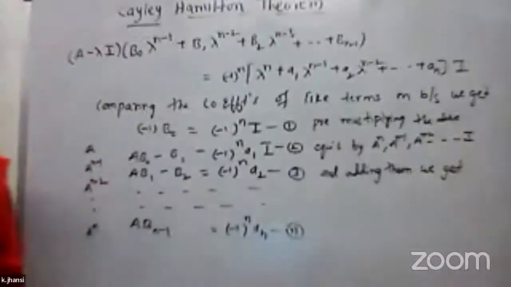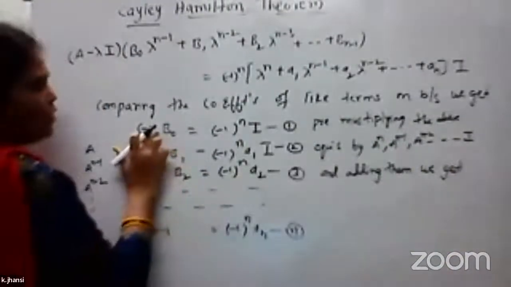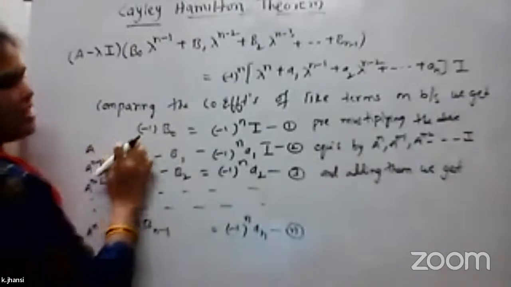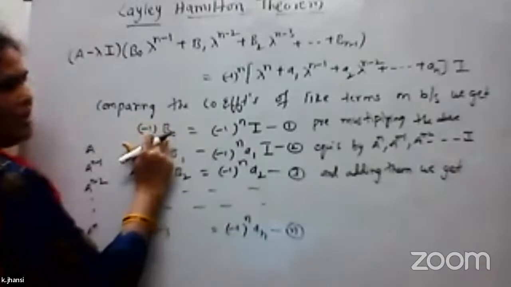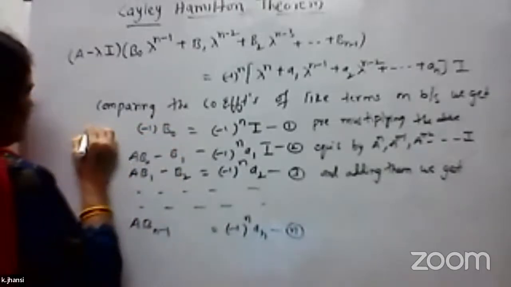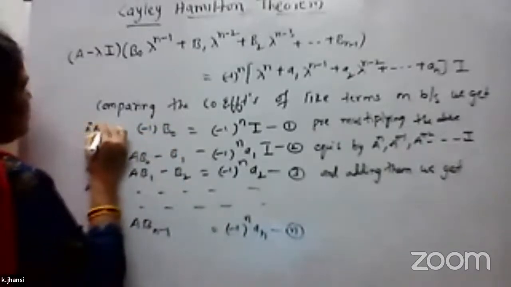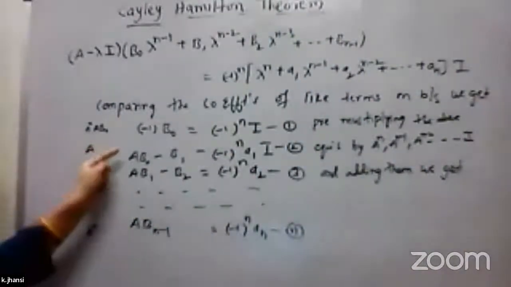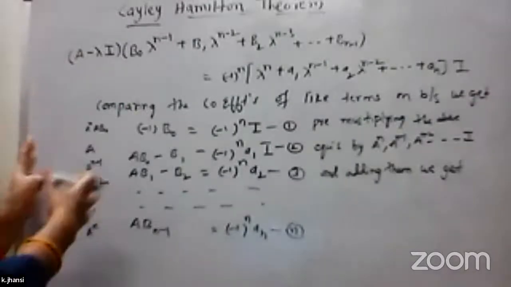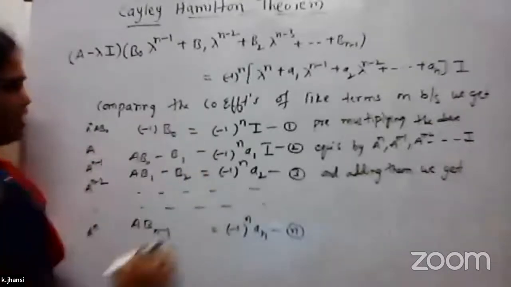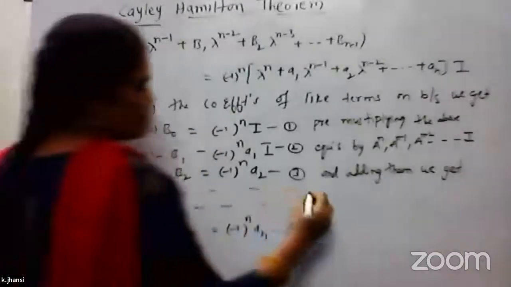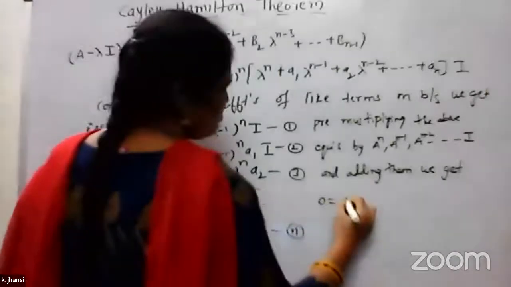Adding them we get, first a to the power of n b naught. Minus 1 is there, minus 1 here. So that means minus a to the power of n b naught. Here you will get a to the power of n, and next one is a into b naught, so we will get a to the power of n minus 1 b naught. Both the like terms will get cancelled. So whatever the left hand side terms are there, all those will become 0. So we will get 0 equals minus 1 to the power of n. Only this part is left, no?